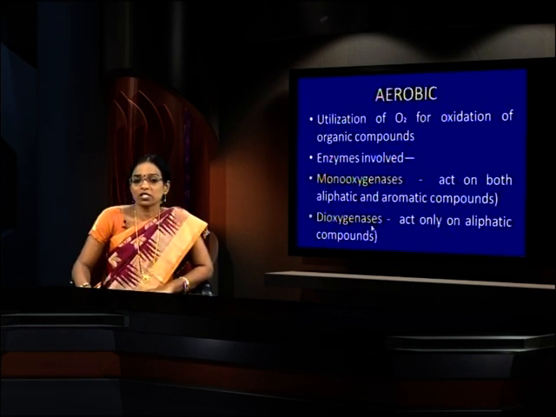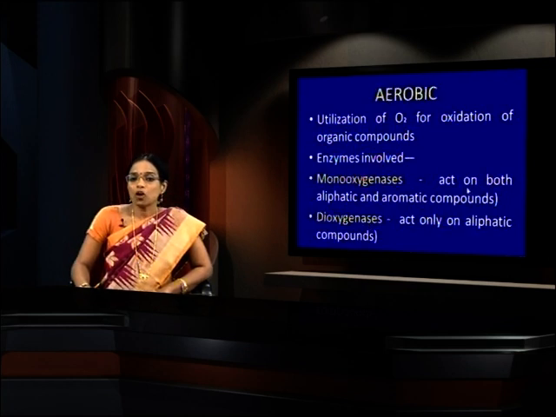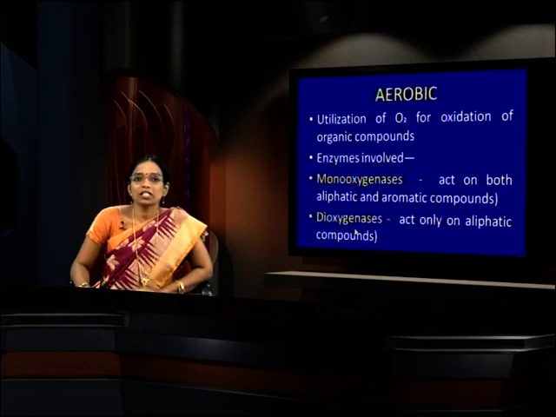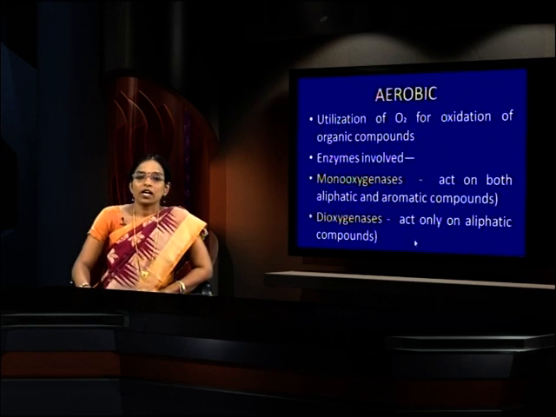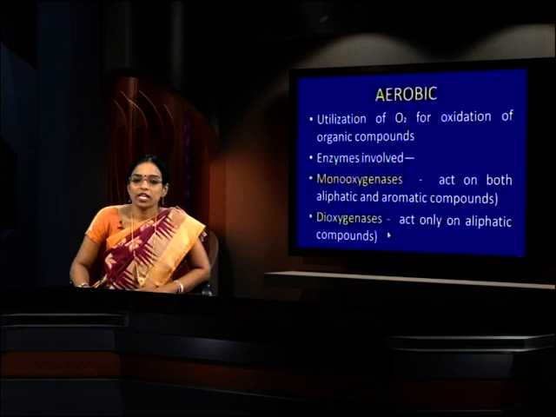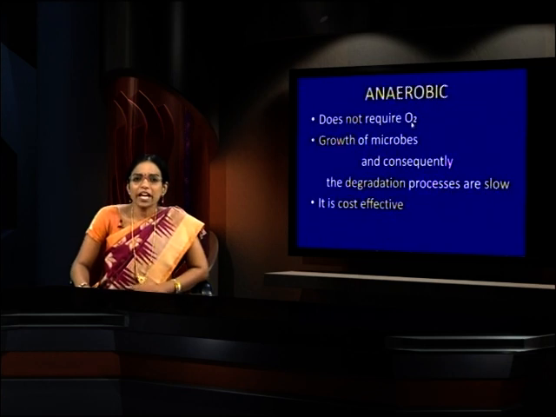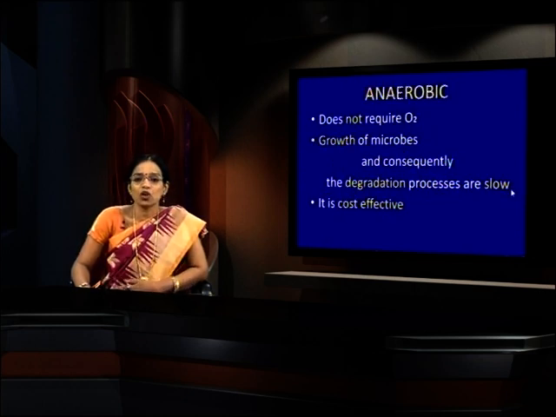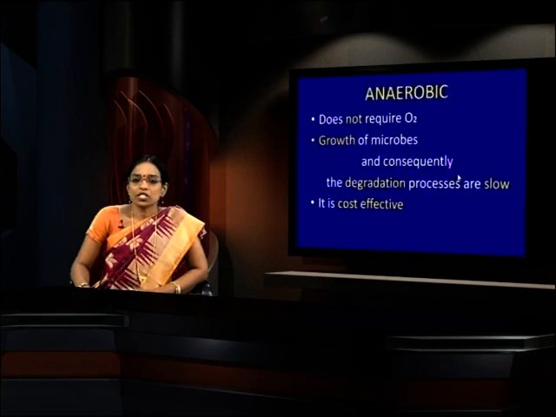Monooxygenases and dioxygenases. So, they act on both aliphatic and aromatic compounds, and dioxygenases help on aliphatic compounds only. If you see anaerobic, it does not require any oxygen and growth of microbes and degradation processes are slow here and it is cost effective.